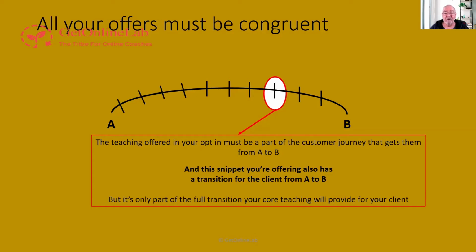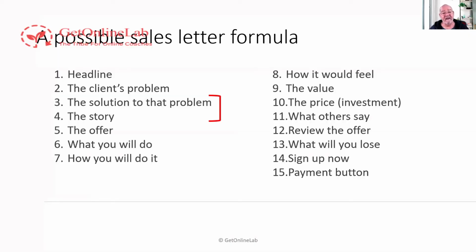So what I want to now introduce you to is one way that you can add some structure to your sales content. If you've done any study of this, if you've looked up how to write great sales letters, you might have seen some formulas that look a little bit like this. This is a fairly common approach, and I've put a bracket around items 3 and 4. I just want to emphasize at this stage that any formula is really a guideline.